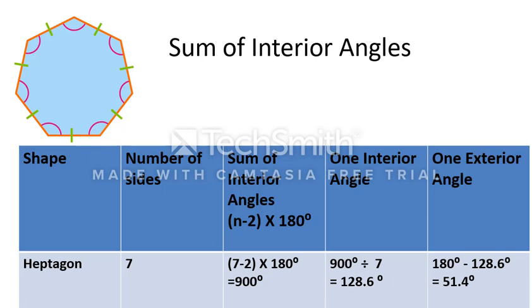If we want to calculate one interior angle, we will divide the sum by the number of sides. So 900 degrees divided by 7 gives us 128.6 degrees. This is one interior angle of the heptagon. And if we want to calculate the exterior angle, we will subtract the interior angle from 180 degrees. So the exterior angle is 51.4 degrees.